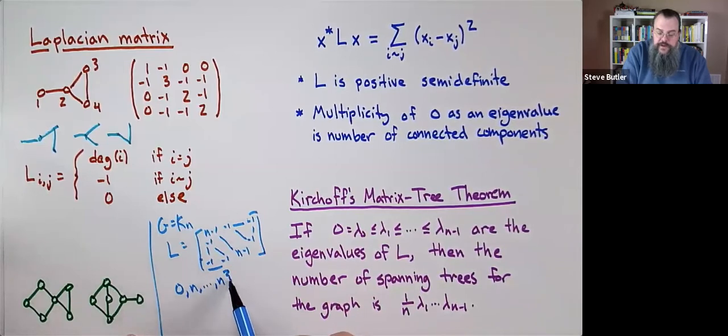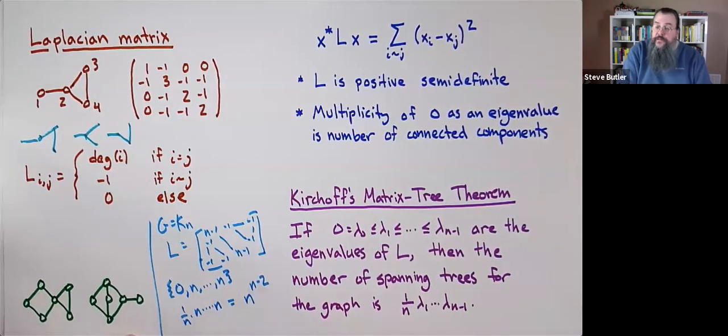So there's our spectrum of our Laplacian. And now, we apply the rule: it's going to be 1 over n times our remaining eigenvalues, and there's n minus 1 of those, giving us the number of spanning trees of the complete graph, n to the power n minus 2. Well, that's a nice result. That's Cayley's formula for the number of labeled trees on n vertices. So there we go.